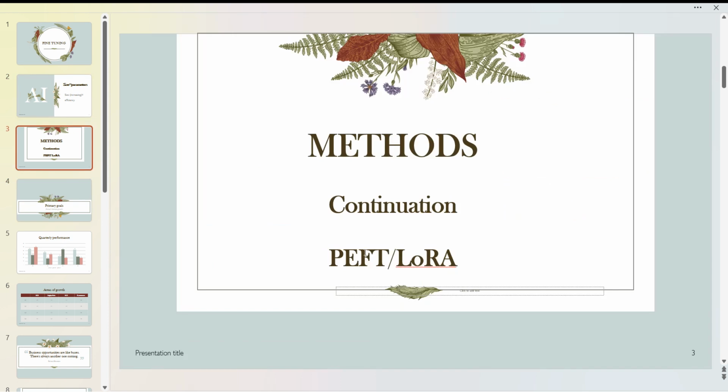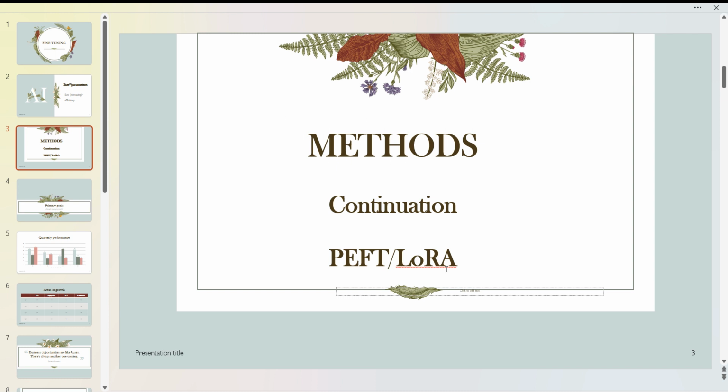Next is PEFT or LoRA. PEFT stands for parameter efficient fine tuning, and LoRA stands for low rank adaptation. So what does that mean? It means that we are freezing particular parts of the model, and we are including further data sets. To simplify it, for example, there are 100 parameters.